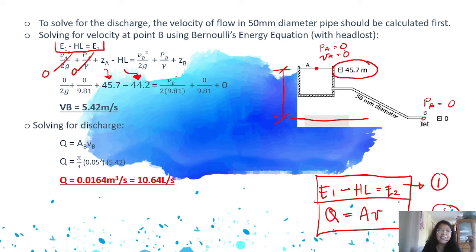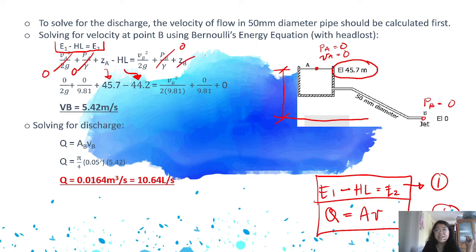Okay? So, minus 44.2 is equal to unknown yung velocity at point B, since yun yung hinahanap natin, over 2 by 9.81, and the final two terms, the pressure at point B is 0. So, kahit wag mo na siyang i-consider.